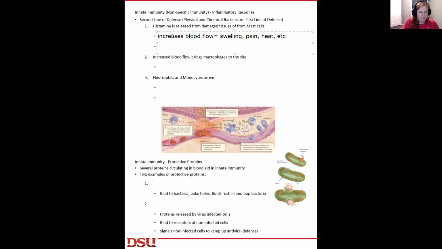And then we have another reaction, which is actually about the capillaries, which if you remember are the tiny, tiny blood vessels. So it makes the capillaries more permeable to white blood cells.